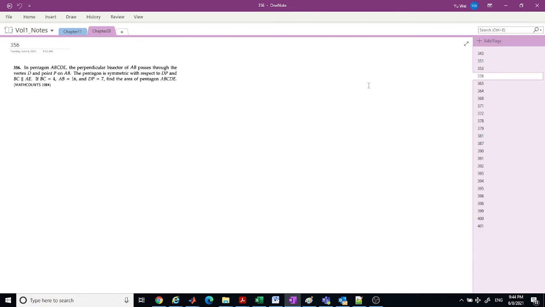Okay, so question 356. So we have a pentagon ABCDE. The perpendicular bisector of AB passes through the vertex D. So we have AB, and there is a perpendicular bisector. It's passing through D, ABCDE.